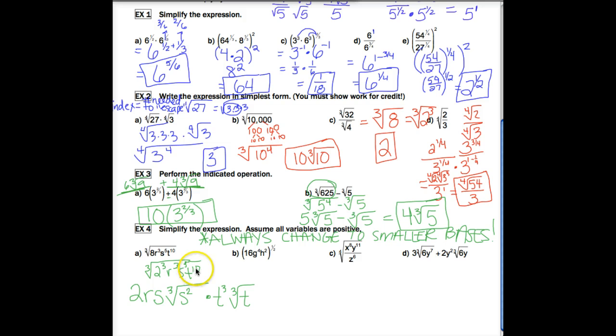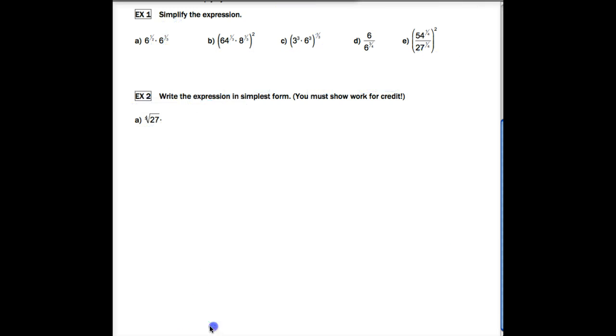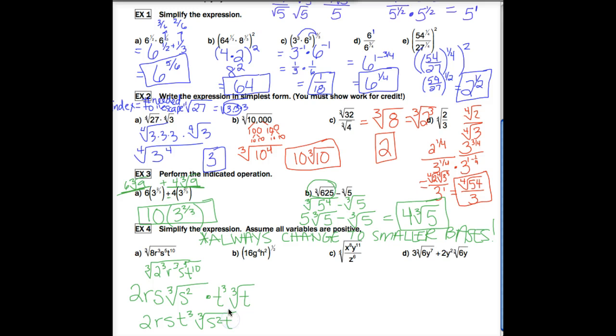So that poor 1 is left over. If you took 10, you'd get 3 groups of 3. That takes up 9 of them, and there's 1 left over. So this is your 3 groups of 3. This is the 1 left over. So now put it all together. 2RST cubed and S squared T stuck on the inside. And that is our answer.